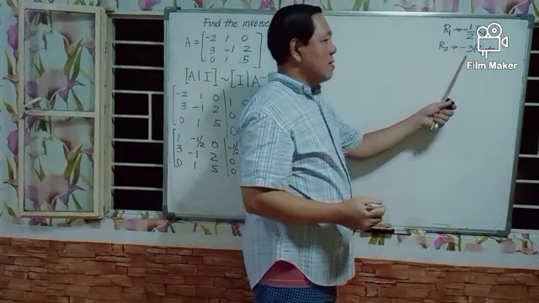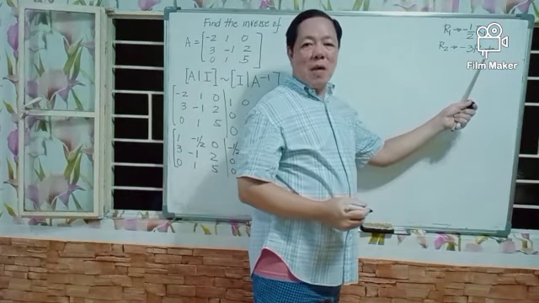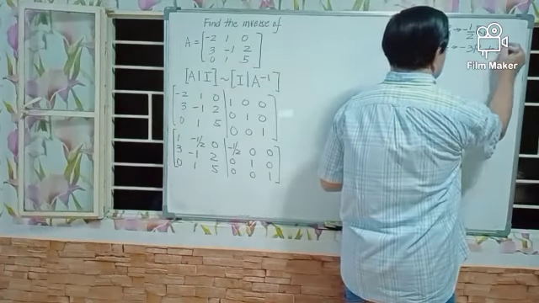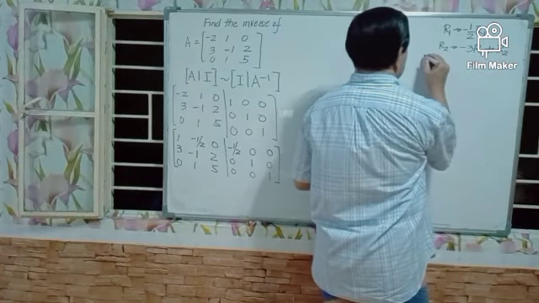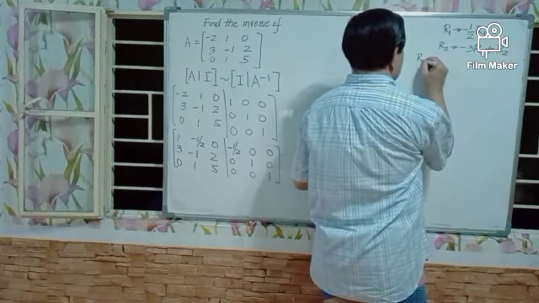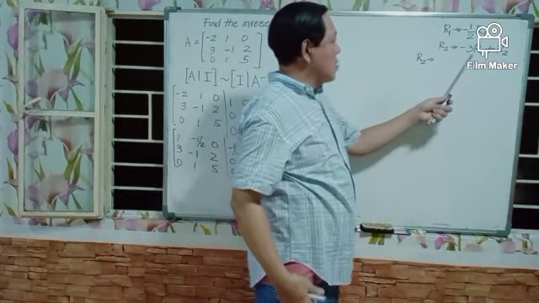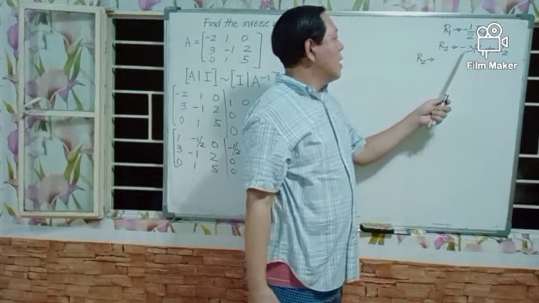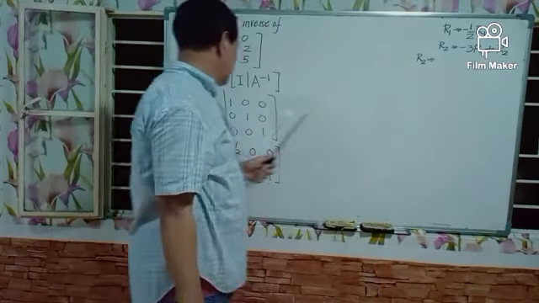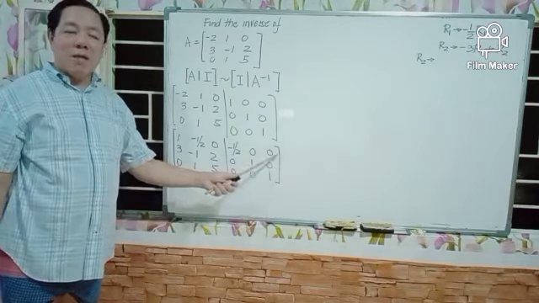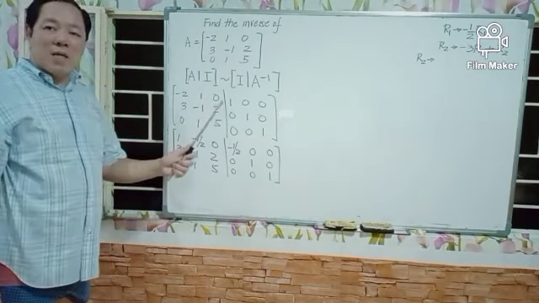And to this product, negative 3 times row 1, we add row 2. We perform this operation, multiply the entries of row 1 by negative 3. And this is row 1. Multiply all these entries by negative 3.